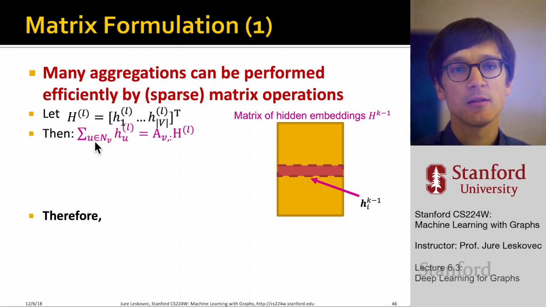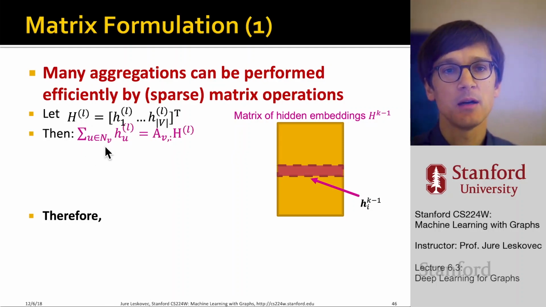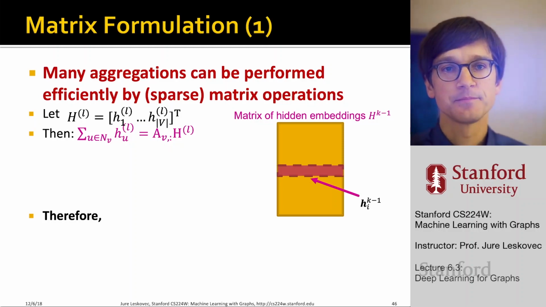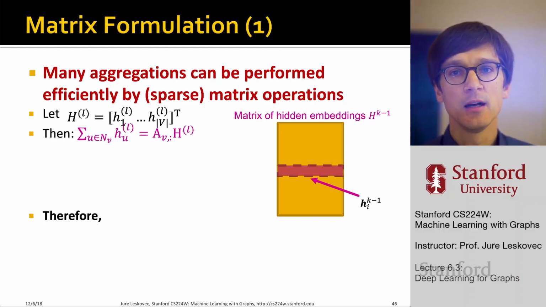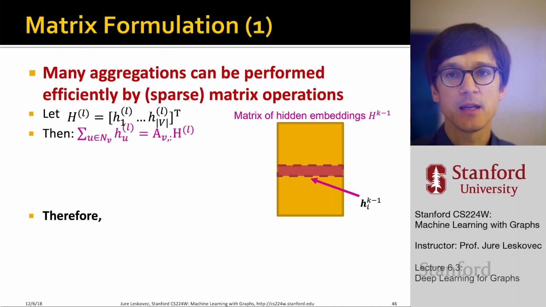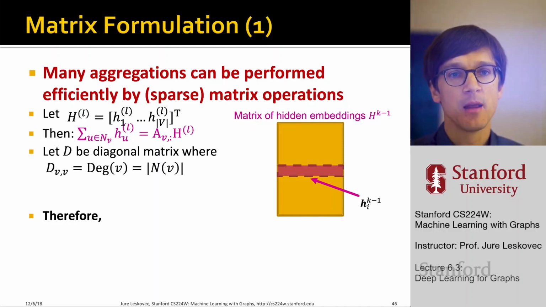And then, right, if I ask what is the sum of the embeddings, the aggregation of embeddings of nodes U that are neighbors of V, this is simply taking the correct entry in the adjacency matrix and multiplying it with the matrix H. And this way, I'm basically averaging or aggregating the embeddings coming from the neighbors.